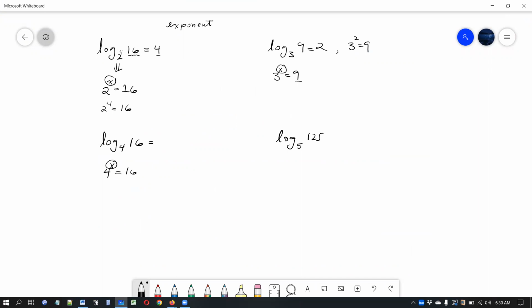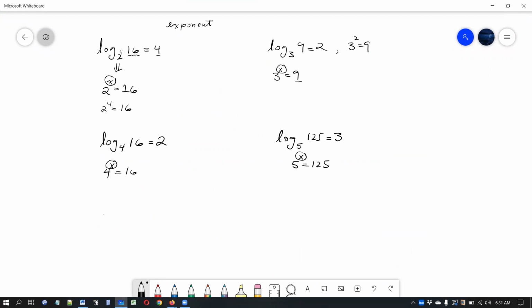Well, the only number I can replace x with to get 16 is obviously a 2, because 4 squared is 16. Same thing here. This translates to 5 to the x equals 125. So I'm looking for the number to raise 5 to in order to get 125. And obviously that is a 3.